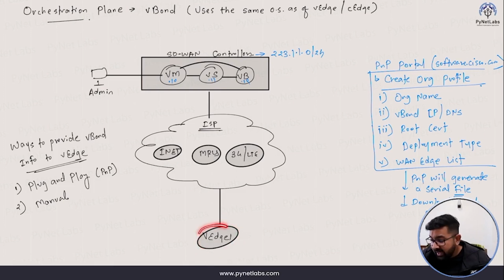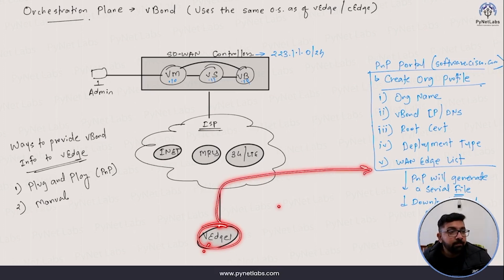The WAN edge is configured with its factory default configuration, so if it is not provided with any manual vBond IP details, or if it is not configured with the IP address of the vBond, then by default it goes to the PNP portal. The factory default configuration itself asks it to connect with the PNP portal.